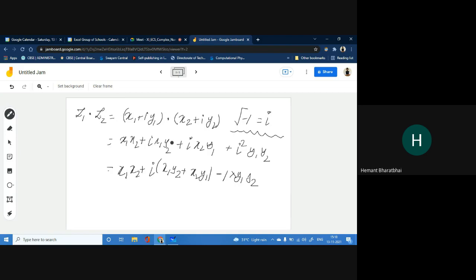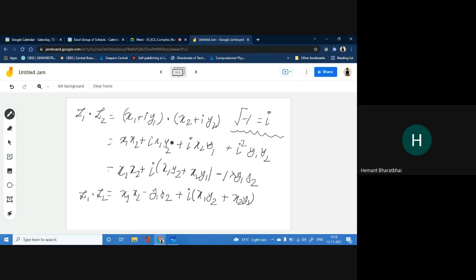Therefore, this will become x1 into x2 plus, from here i can be taken common. So what will remain inside is x1 y2 plus x2 y1. And this i square is minus 1, so I'll write minus 1 into y1 into y2.